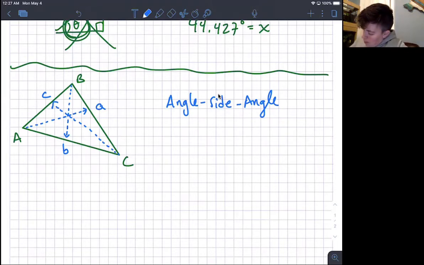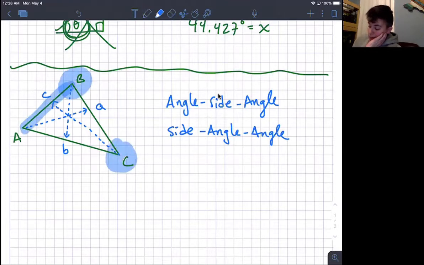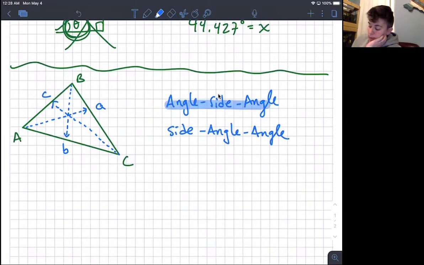If we know a side and then an angle and an angle, like maybe side C, and then we know angle B and angle C, we can use the law of sines for that. That would be a side angle angle, right? And an angle, side, angle would be if I knew an angle, a side, and an angle. So 2 angles and a side between them, I could use the law of sines.